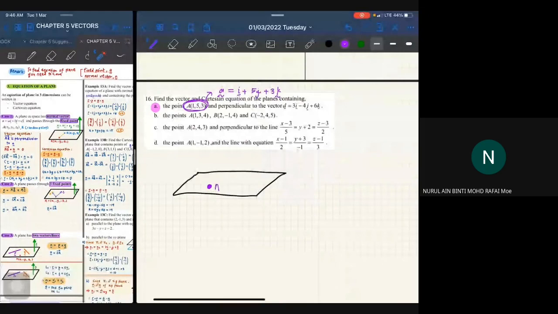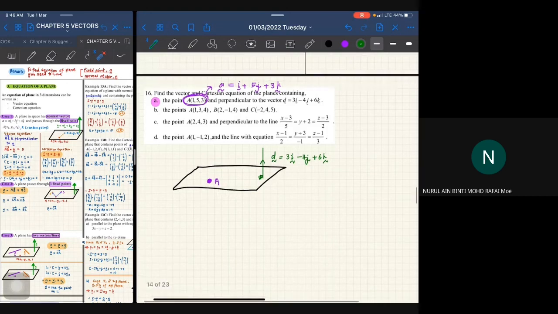This is A. Okay, and then dia cakap this plane dia adalah perpendicular to vector D. So perpendicular to vector D, this is the vector. Dia mesti 90 degree dekat plane tu. Okay, so this is 90 degree. Alright, so the D is equal to 3I minus 4J plus 6K.